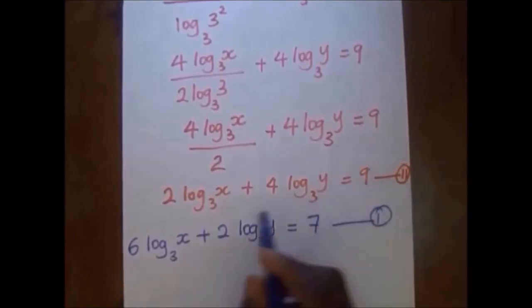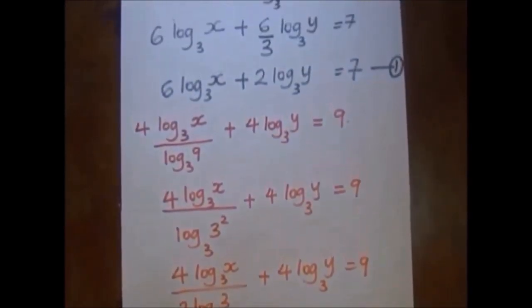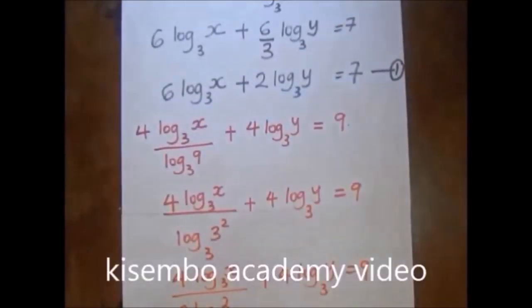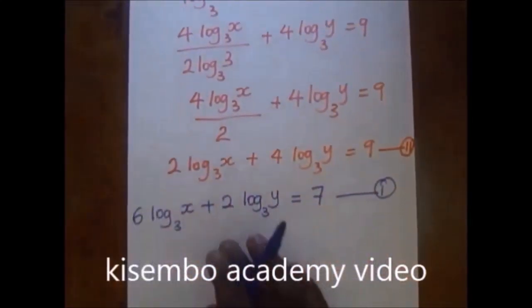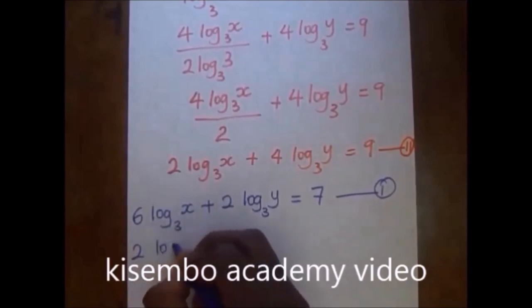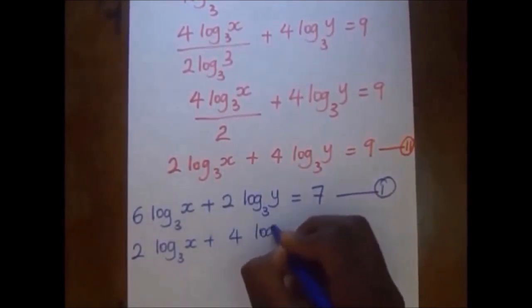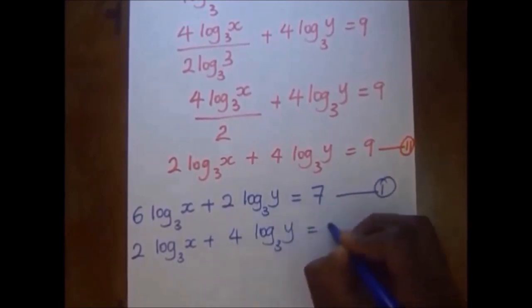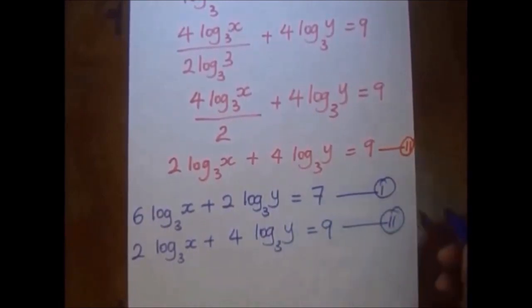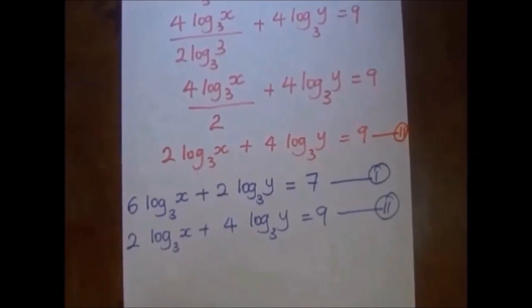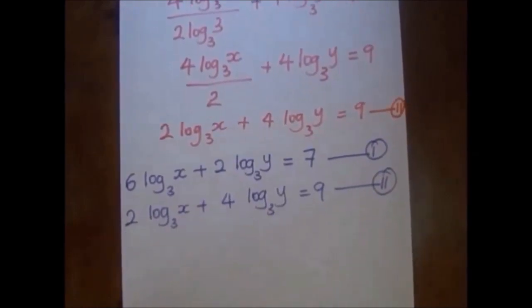That's the first equation, which we got here; I've just recopied it. Then the second equation is 2 log base 3 of x plus 4 log base 3 of y is equal to 9. That's our second equation. So now, how do we solve those two simultaneously?